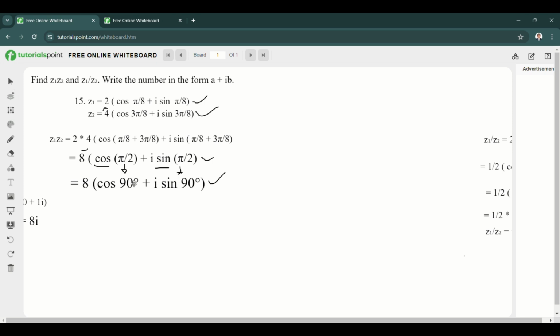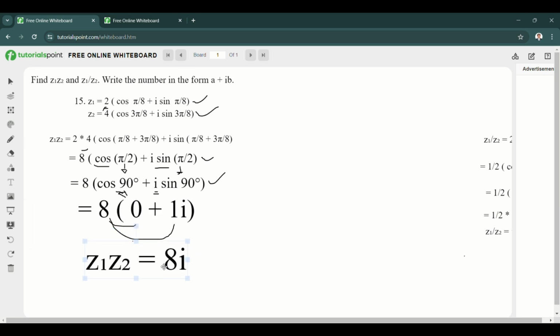So next step we'll evaluate those. Cosine 90 is equal to 0, while sine 90 is equal to 1, plus i. So when distributing the 8 to those two values, we will have the value for the product of z1 z2 equals 8i.